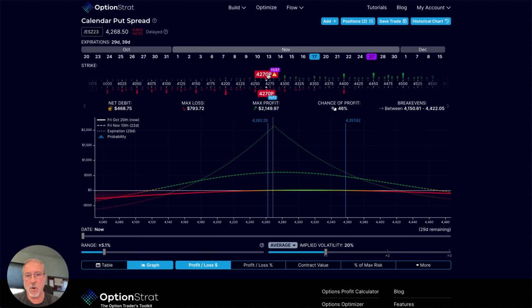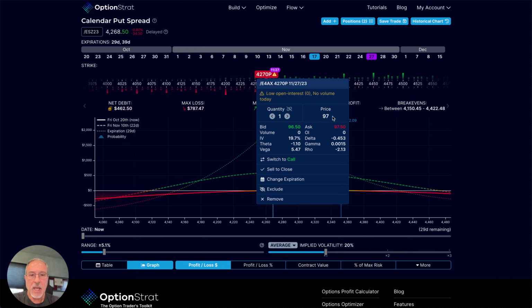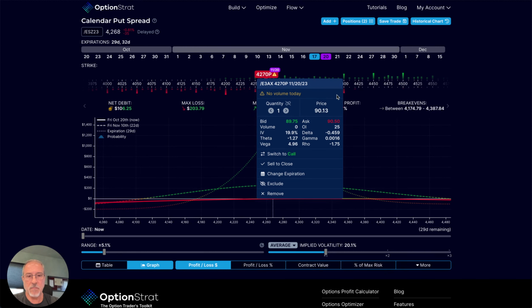Well, the reason for that is, of course, we are selling a front strike, and we're going to sell it at, in this case, about $87. And then we're buying a back strike, and the further out you go in time, the more that back strike is going to cost. So if we come in here to a much tighter back time frame, we're going to see that, rather than $98, it's $90.